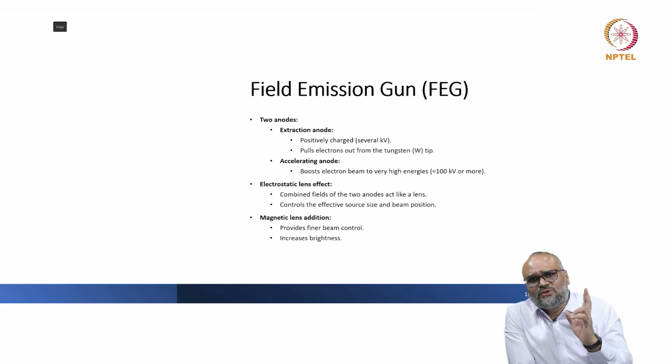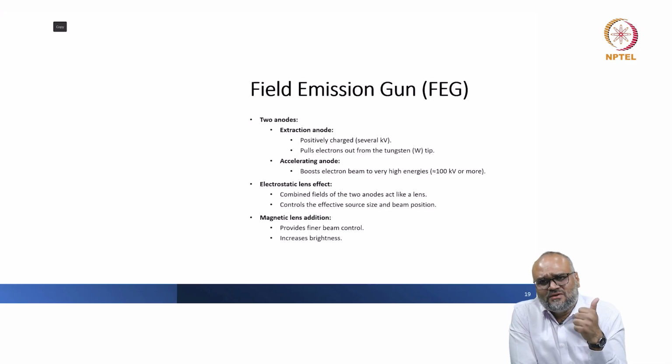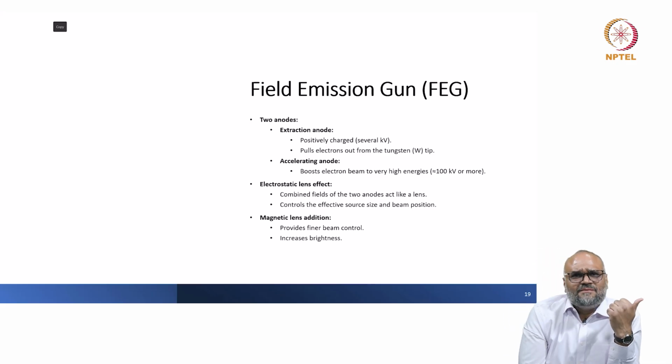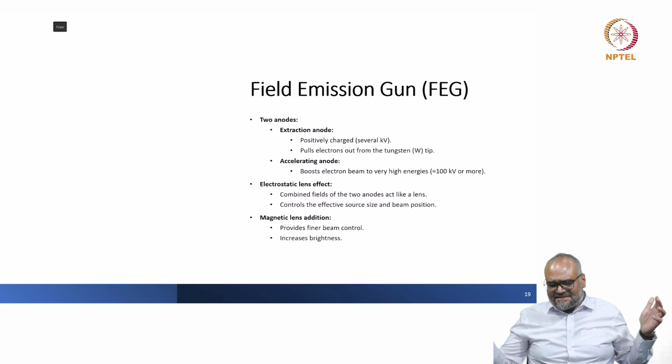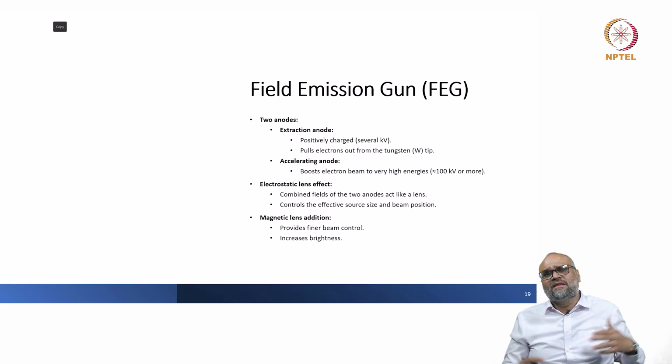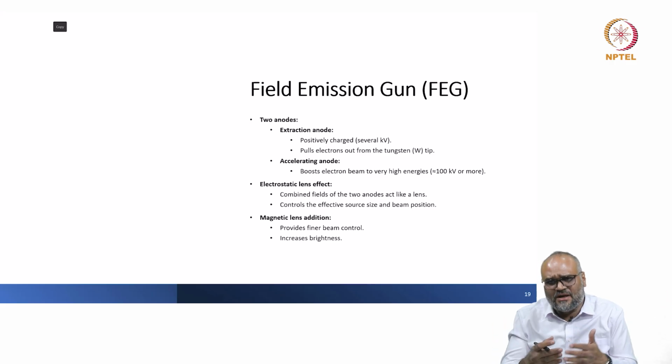The function of these two anodes: you have an extraction anode where, like in a thermionic emitter, you wanted to have some electrons emanating, and then the accelerating anode which boosts these, and you also want them to converge to a point.